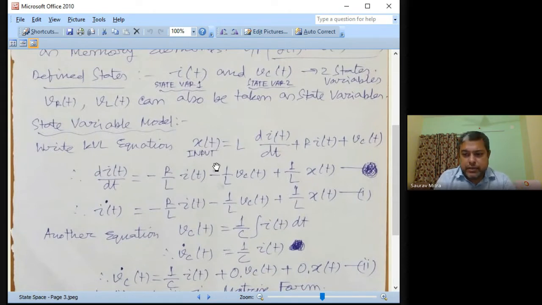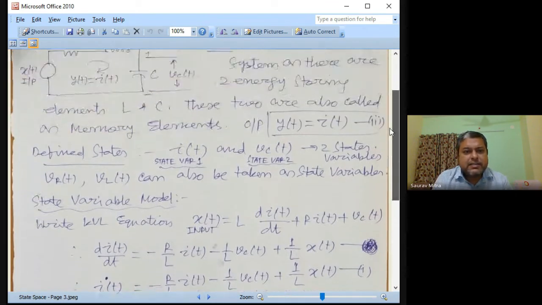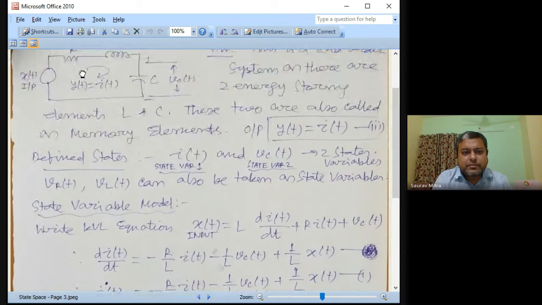Write the KVL equation. Whenever we are doing modeling, we should know what equations define the system model. So x(t), the input in this system, is equal to resistive voltage plus inductive voltage plus capacitive voltage. How is inductive voltage written?